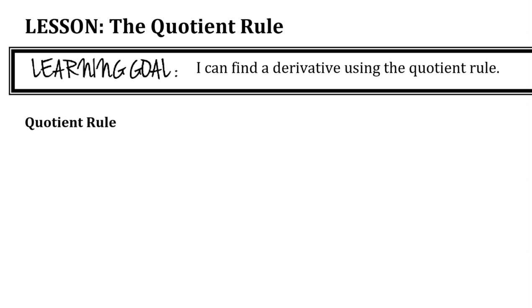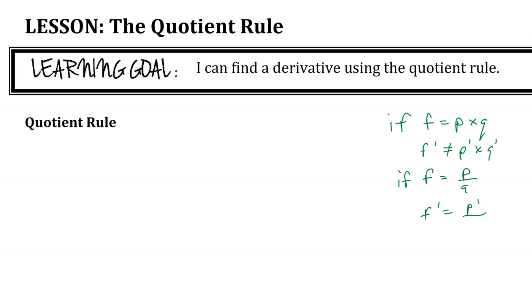And remember, this is what we were kind of just talking about. If F is P times Q, F prime is not P prime times Q prime. Right? And so don't you think if F is P divided by Q, F prime will be P prime over Q prime?